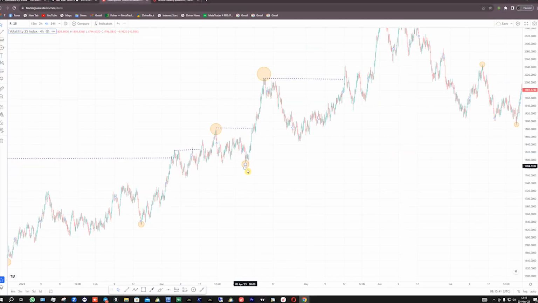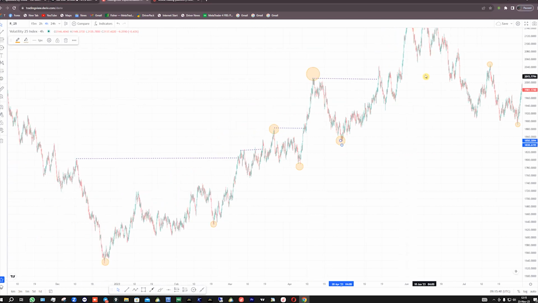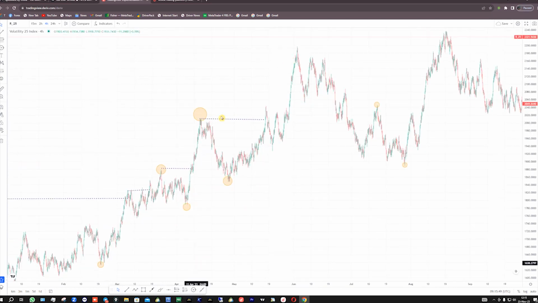Now we can draw our next higher low, this level here, because where the market went, this became again our next higher high. Why? Because there was an inducement and the inducement was taken out at this point.